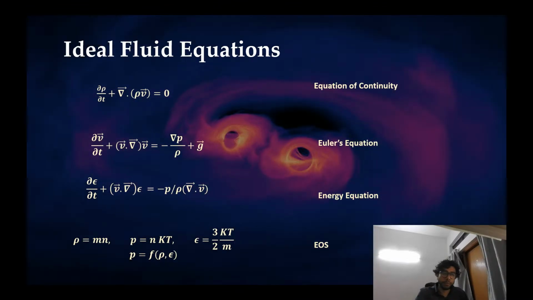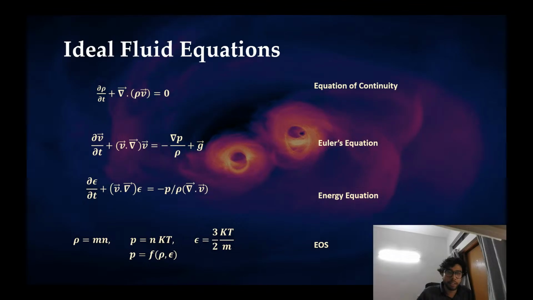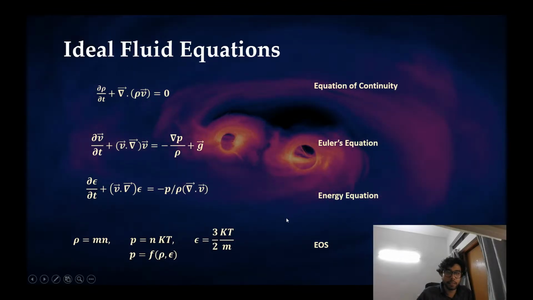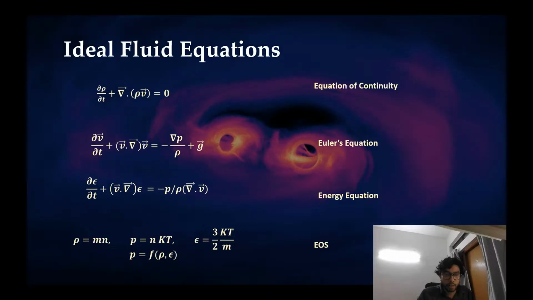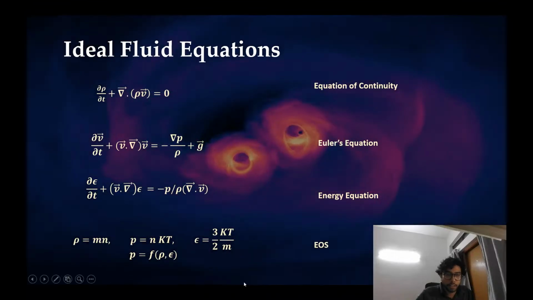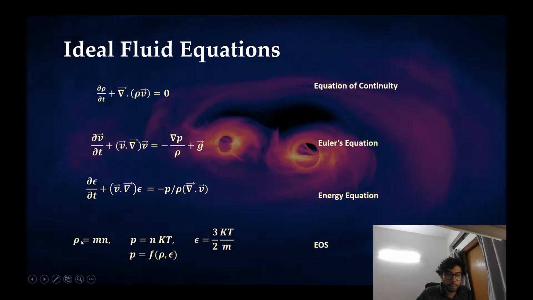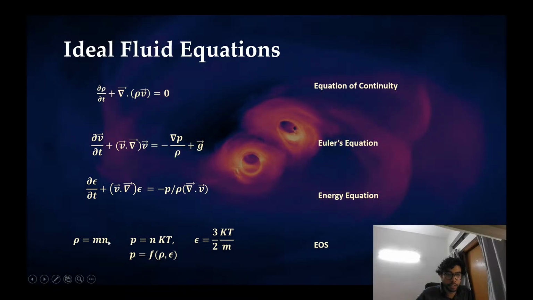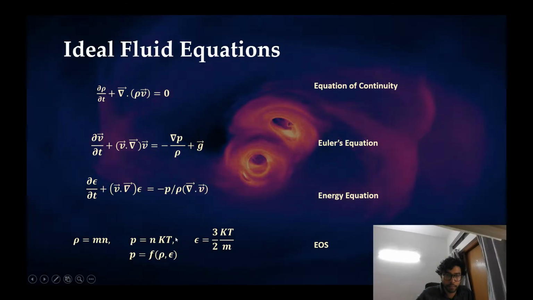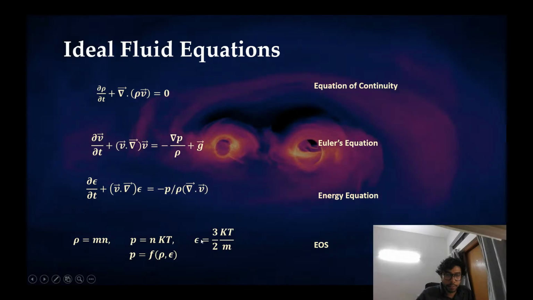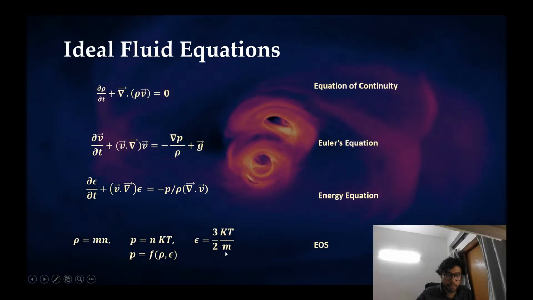So what we need to do is impose another equation, which is called the equation of state. What does the equation of state say? For example, you know that rho is m times n, and for an ideal fluid you have P equals nkT, and epsilon, the internal energy, is 3 by 2 kT by m.